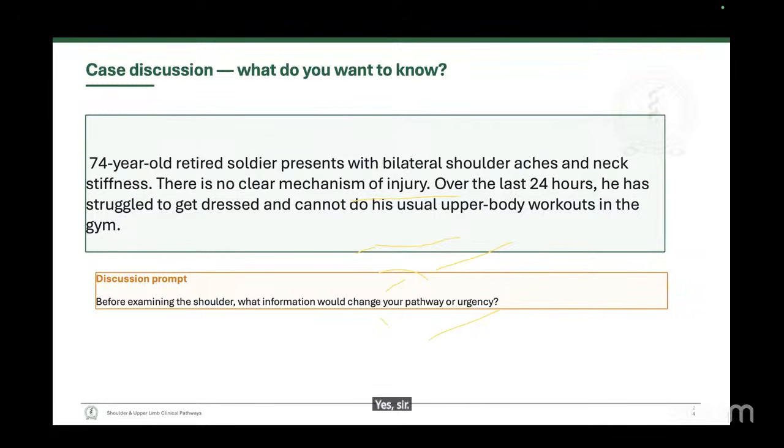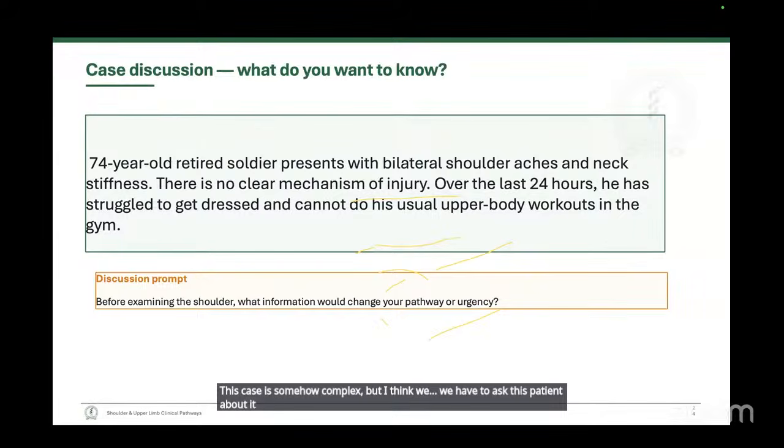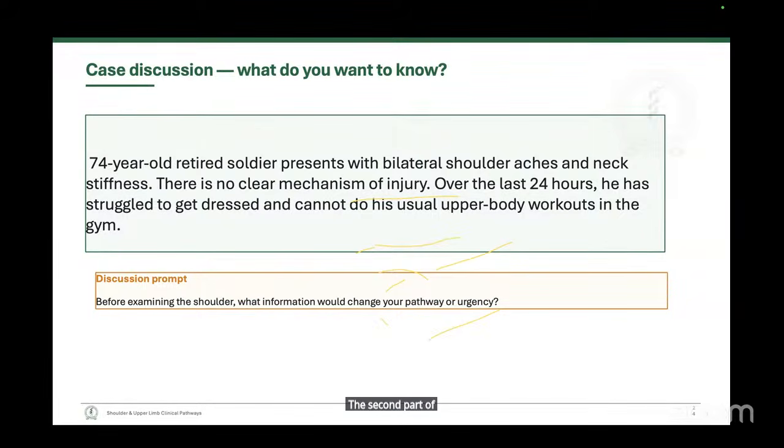This case is somehow complex. I think we have to ask this patient a lot of things about his sleeping pattern, as well as genetic information, especially family history, because neck stiffness is something that doesn't just occur suddenly.